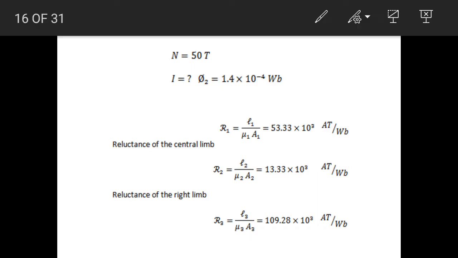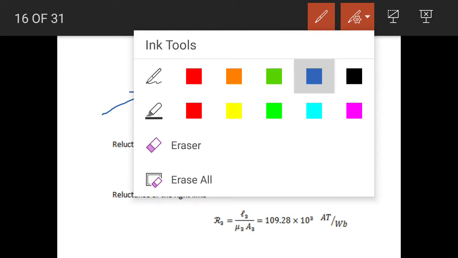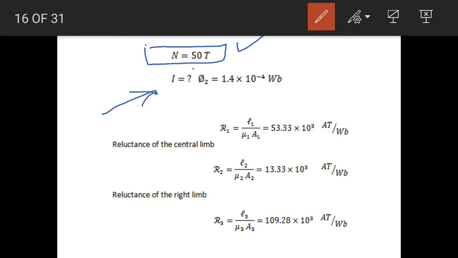We have placed a coil of 50 turns on the left limb, and the current in this coil is unknown. We need to calculate this current, and it generates a magnetic flux of 1.4 into 10 raised to power minus 4 Weber in the right limb.